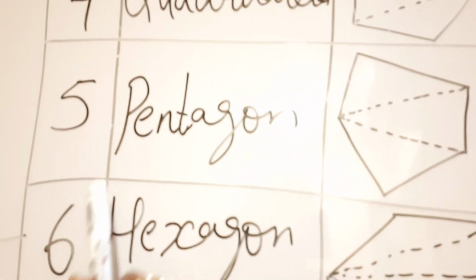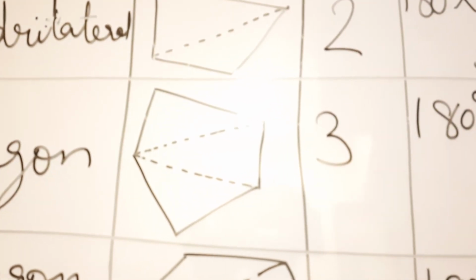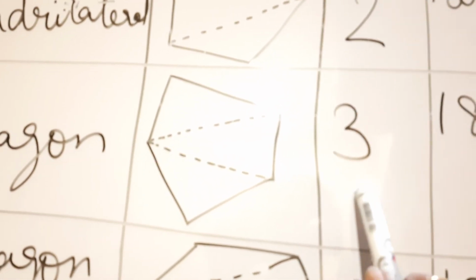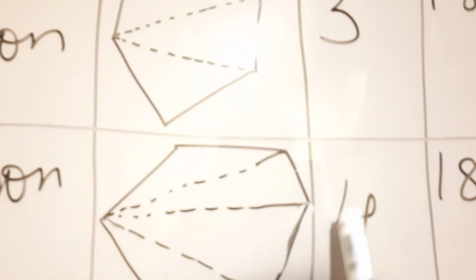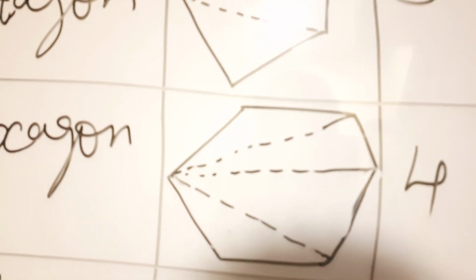So like that, you will see the same thing everywhere. 5 sides: 5 minus 2, 3 triangles. 6 sides: 6 minus 2, 4 triangles. So this is what the note explains, that the number of triangles formed in a polygon is 2 less than the number of sides the polygon has.